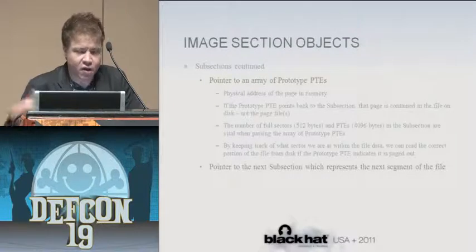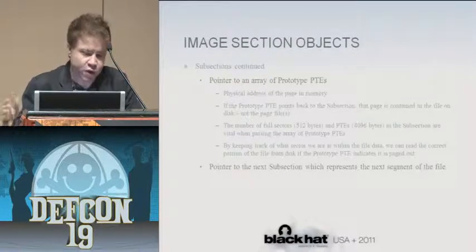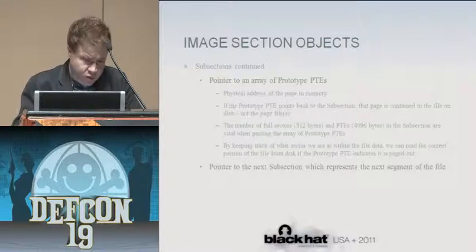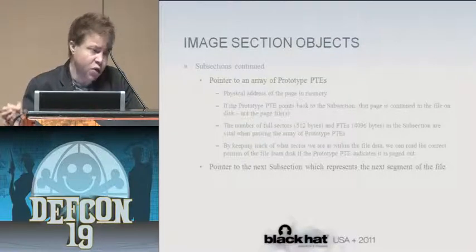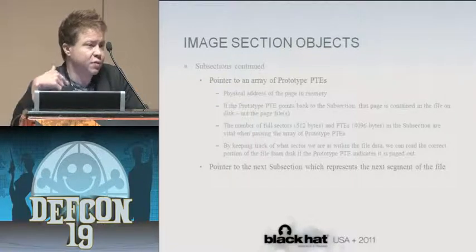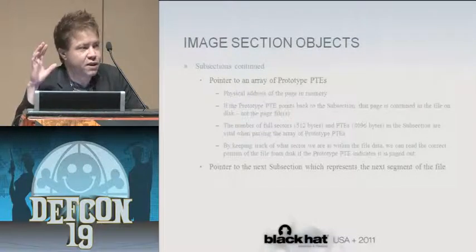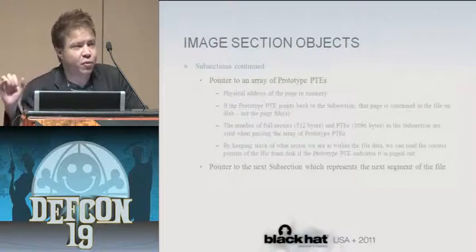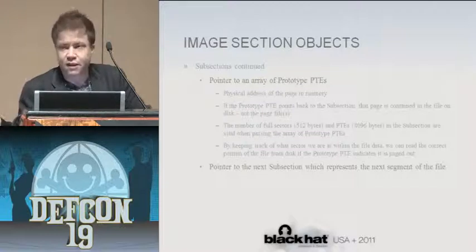So we'll have a graphic in a moment. It may be a little bit more useful for you, but I'm not sure. Basically, though, if the prototype PTE contains the virtual address of that subsection object that it's within, then that means all bets are off. Basically, this page of memory is on disk.